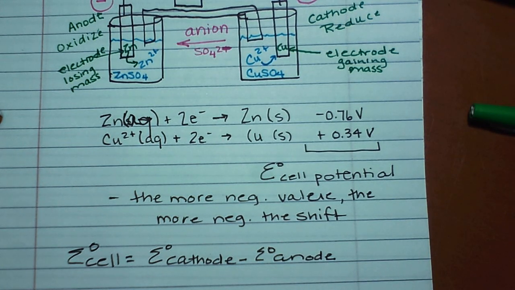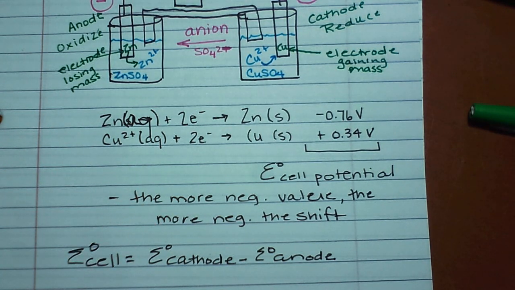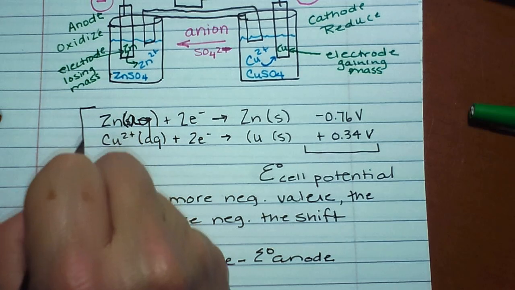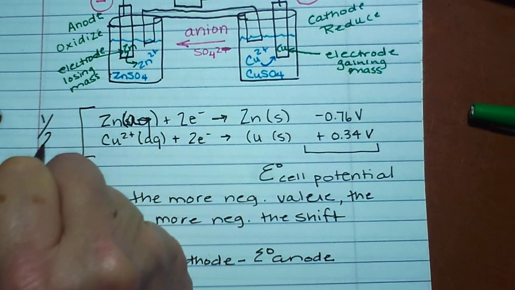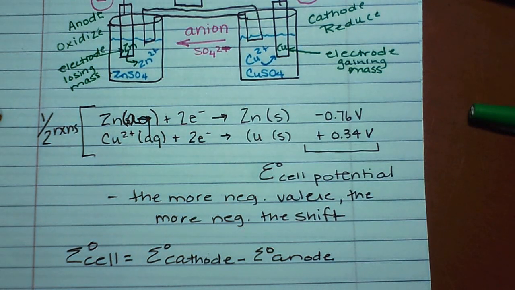So the problem is, in order to write the full reaction for this battery, the overall reaction, because these are called half reactions. So we're going to write the overall reaction.